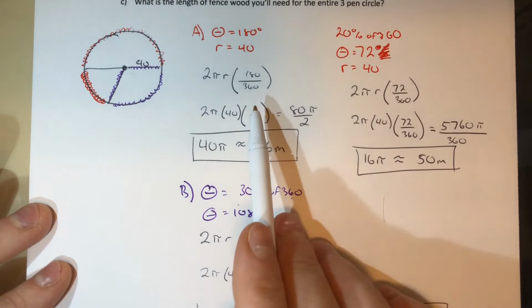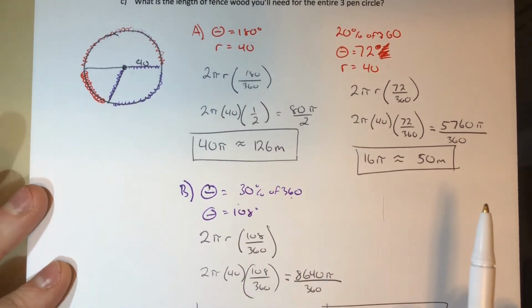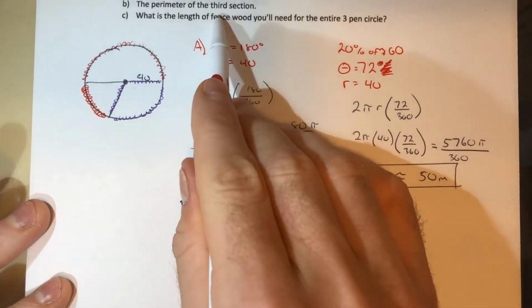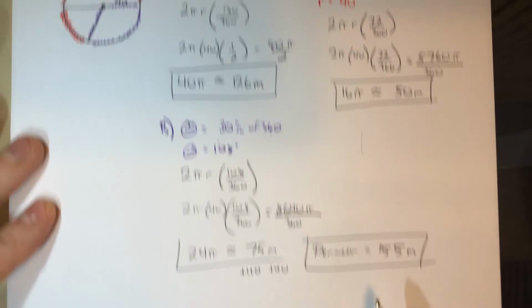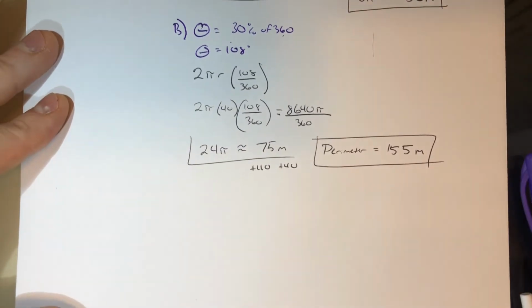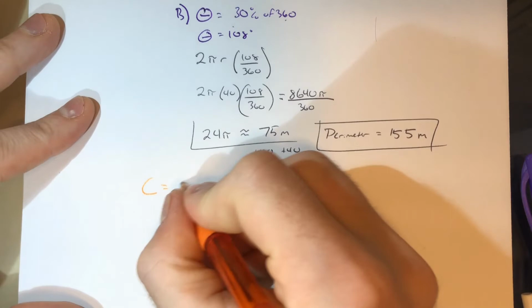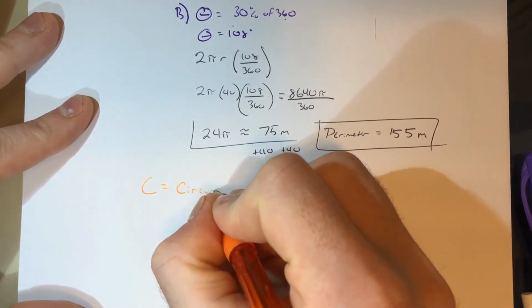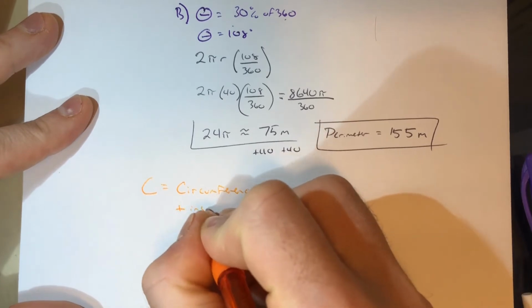Or let's say the problem didn't ask for these, and I'm just looking at this completely outside the box. I'm like, hey, I want to find the length. All I need to do is find the circumference of the circle, which means that I'm going to need to figure out, for C, I need to find the circumference and then add the inside fencing.